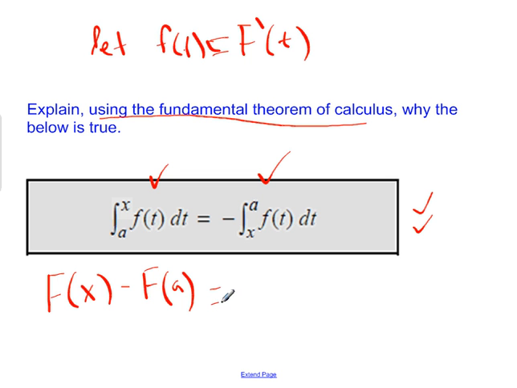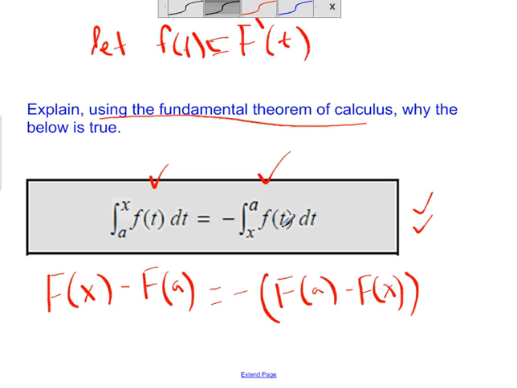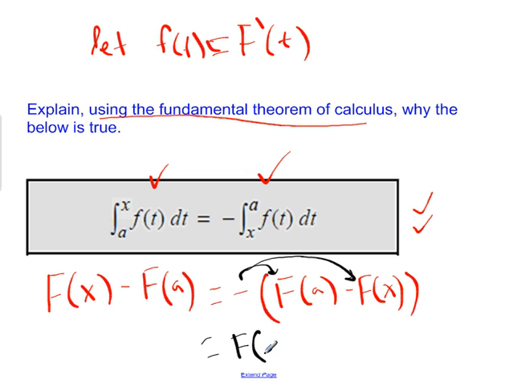Well, that becomes more clear when we use the fundamental theorem of calculus. So we have the negative out in front, and then it's big F of a minus big F of x. And if we distribute this negative and rearrange the order, we're left with big F of x minus big F of a, which is exactly what we had over here.